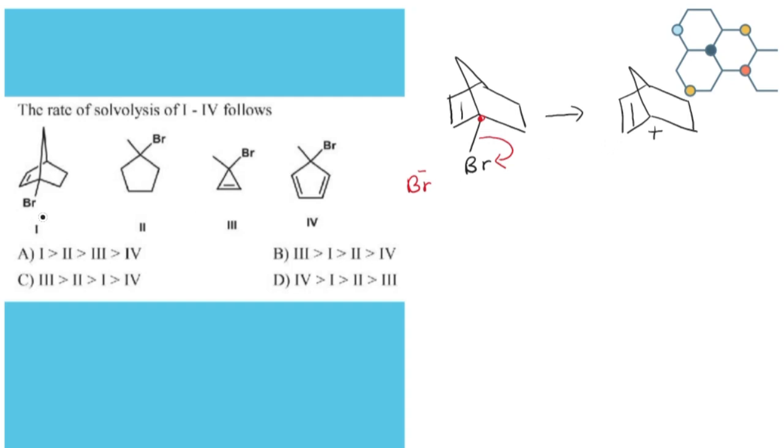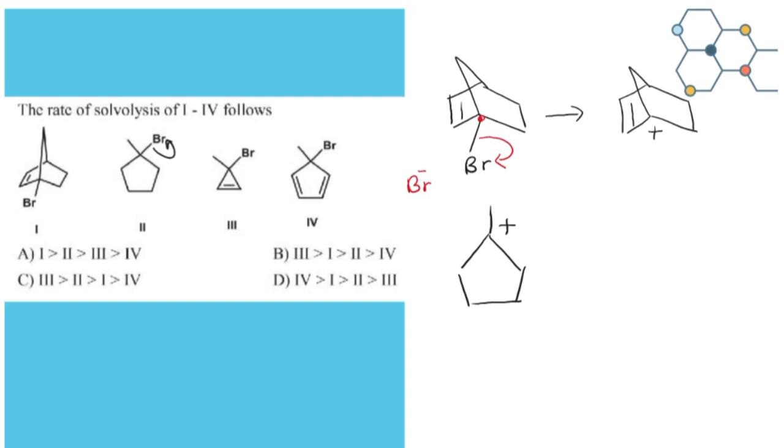Therefore, you have to write down the carbocations for all the molecules and check for the stability of these carbocations. The more the stability of the carbocation, the higher will be the rate of solvolysis. Therefore, let's write down the corresponding carbocations for the given molecules.